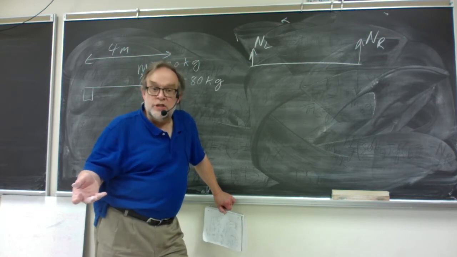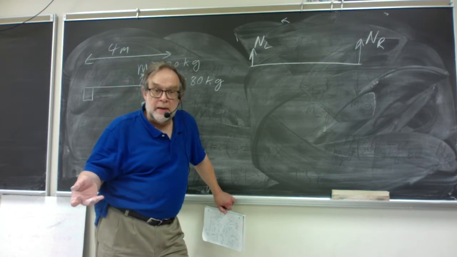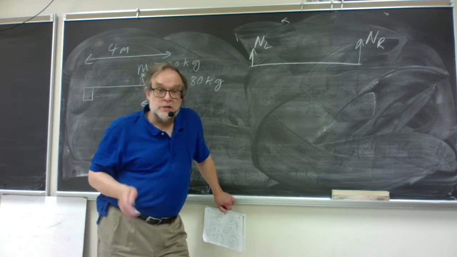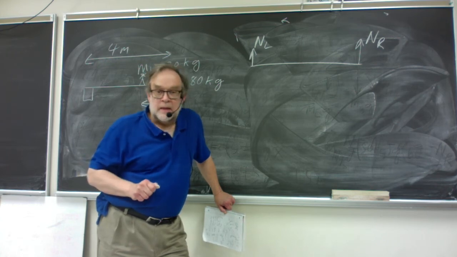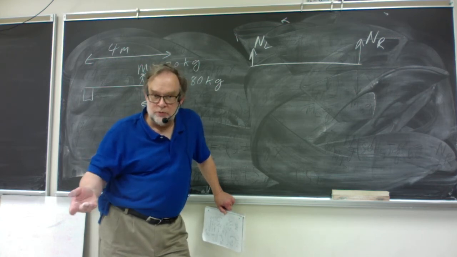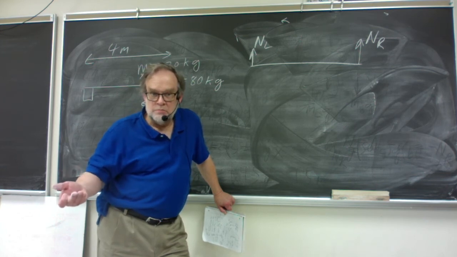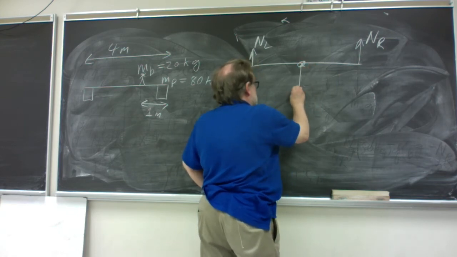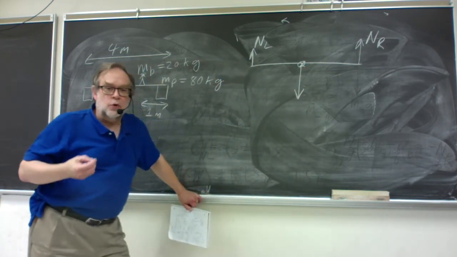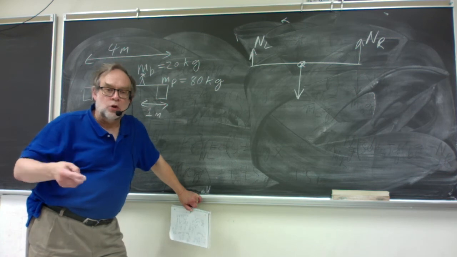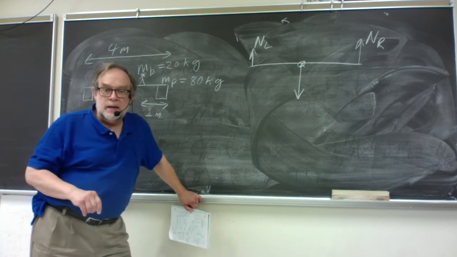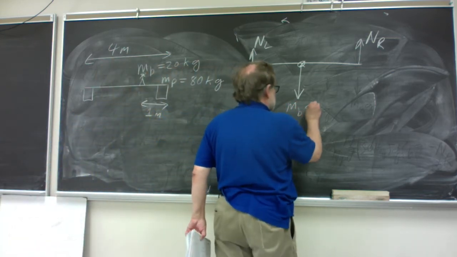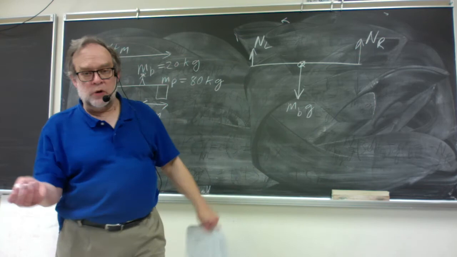Again, the reasonable assumption is that the mass of the board is evenly distributed, so the average location of mass is right in the middle. Average location of mass is just another way of thinking about center of gravity. So the center of gravity is right here in the middle, and the weight of the whole board we can think of as pulling on that one point. Weight is just mass times g: the mass of the board times g, 20 kilograms times g in this case.